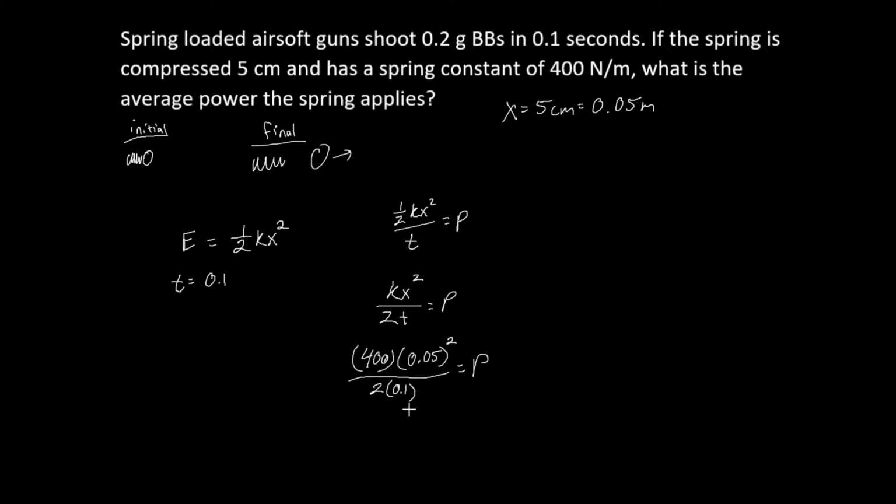Divide that by 0.2, gives us 5 joules. Oops, sorry. Power is not measured in joules. Power is measured in watts. So 5 watts of power is given by that spring.